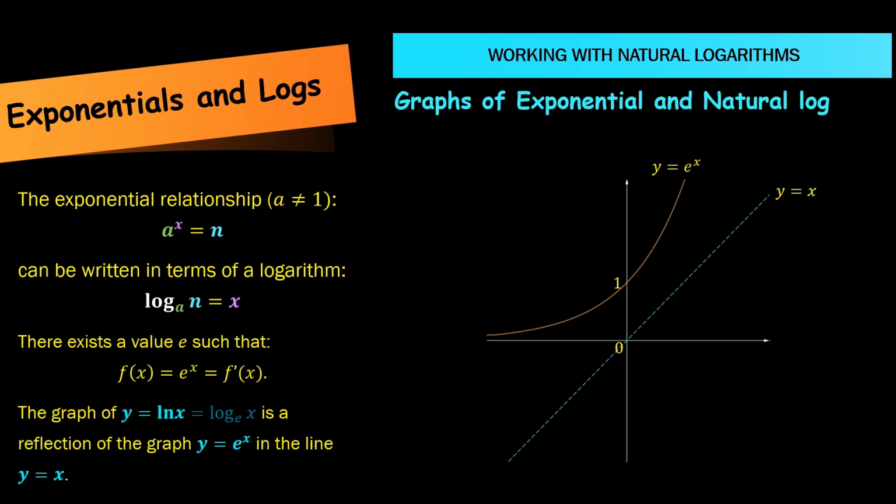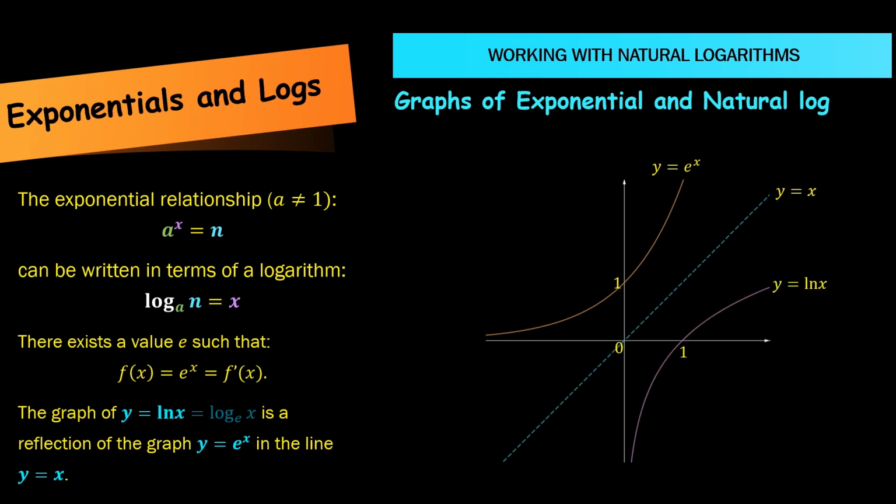Let's now take a look at the natural log. How does this look in our graph? The natural log, as we said earlier, is a reflection in the line y equals x of the graph y equals e to the power x, as we can see here. So the graph of the natural log passes through 1, 0 and does not cross the y-axis.